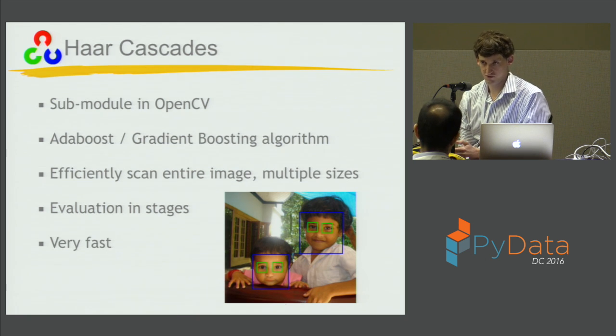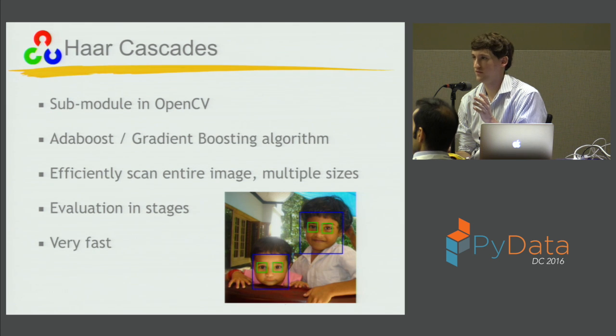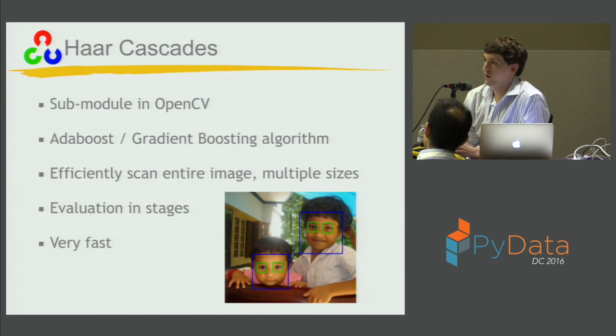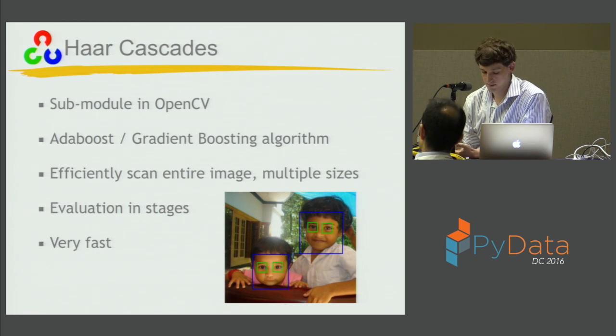If you've done machine learning, can I get a raise of hands? How many of you have done machine learning before in even a trivial way? Okay, wow, most of you. How many of you have heard of gradient boosting? Okay, most of you. Perfect. I actually didn't realize this: gradient boosting is an older kind of algorithm, and you almost never hear it associated with machine vision.